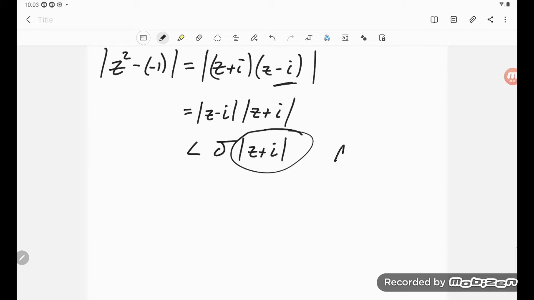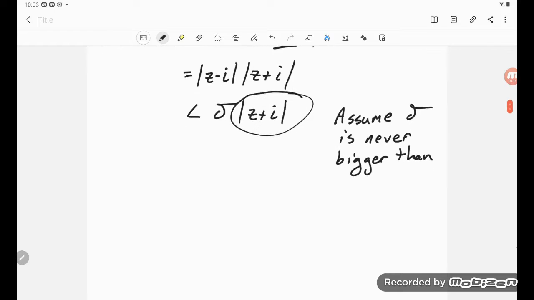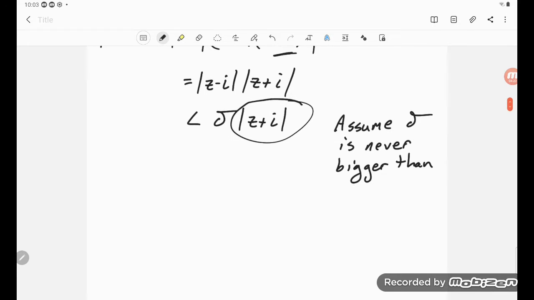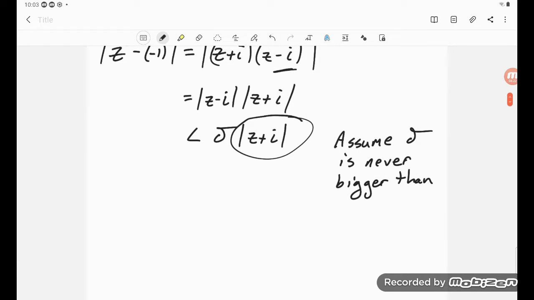We'll assume delta is never bigger than, and we pick a number. It's got to be a real number and so forth, but it's never bigger than.